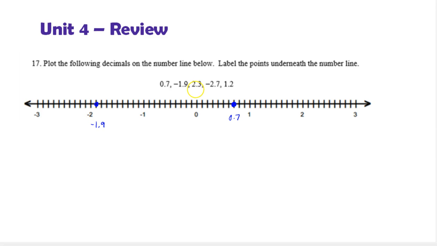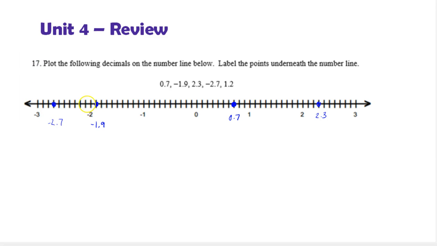Okay, 2.3, this is positive, so I'm going to go all the way to 2 and then count 1, 2, 3 tenths more. This is 2.3. Now we have negative 2.7. Well, that's between negative 2 and negative 3. I'm going to use counting backwards. So this is negative 3, negative 2.9, negative 2.8, negative 2.7 is right here.